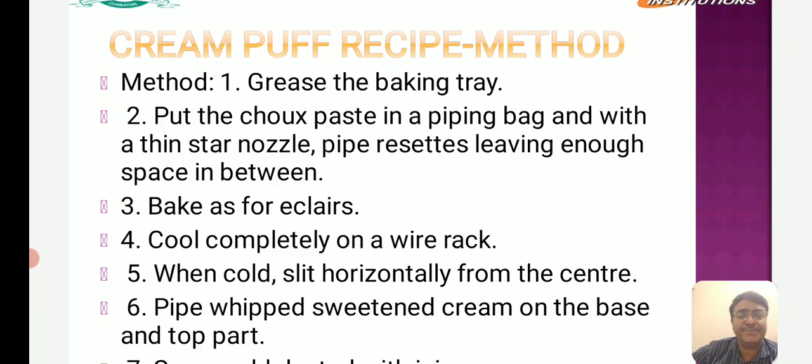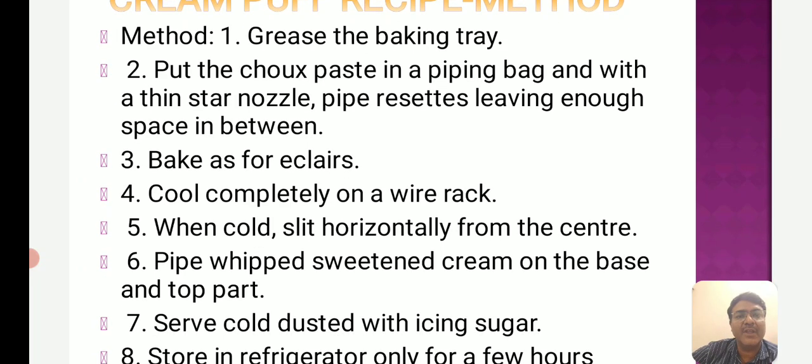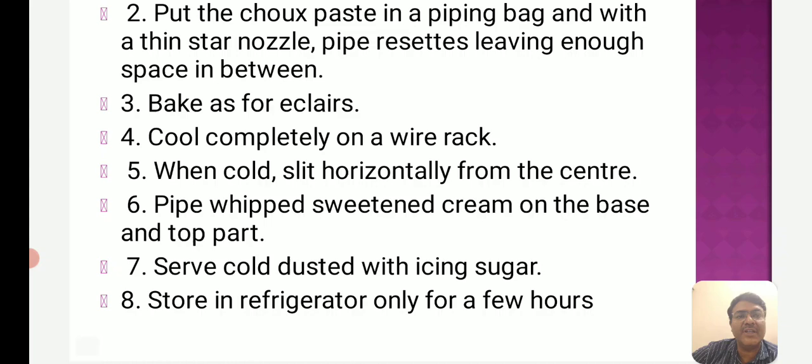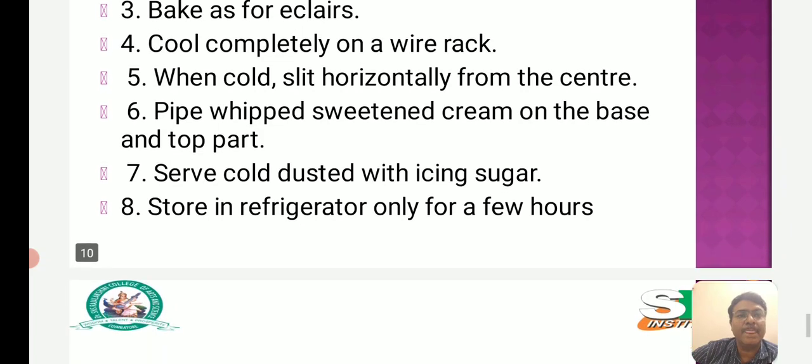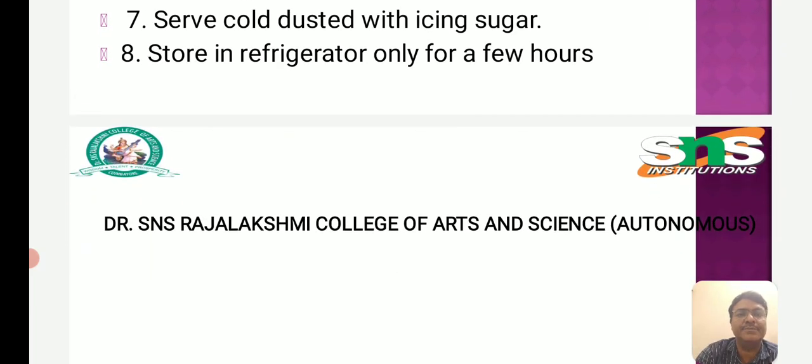Bake as for eclairs, cool completely on a wire rack, and then slit horizontally from the center. Pipe whipped sweetened cream on the base and the top part. Serve cold, dusted with icing sugar. Store in a refrigerator only for a few hours.